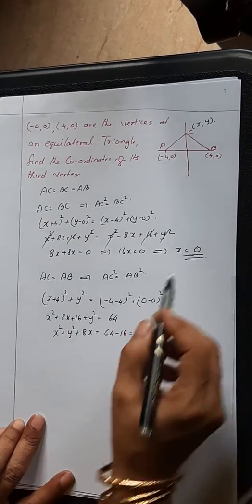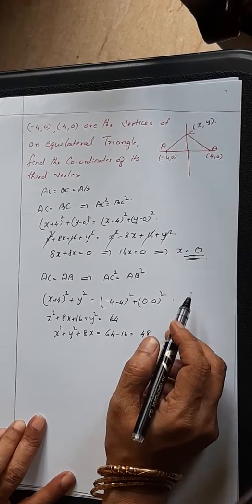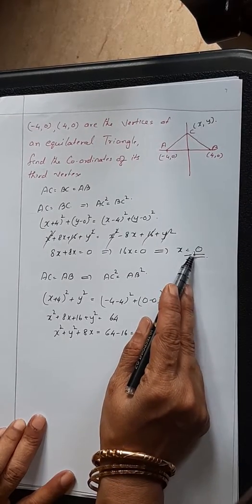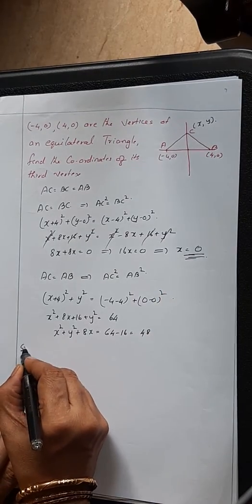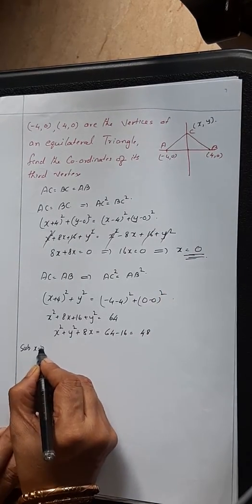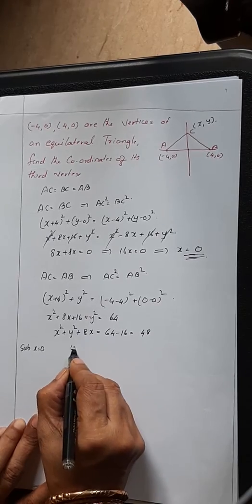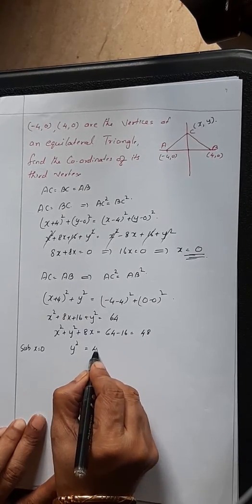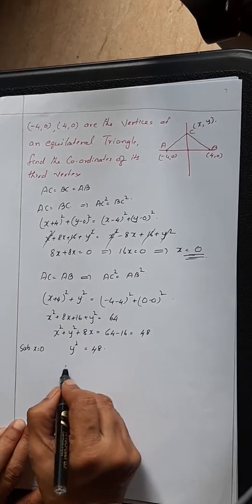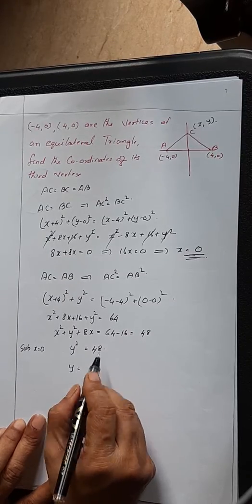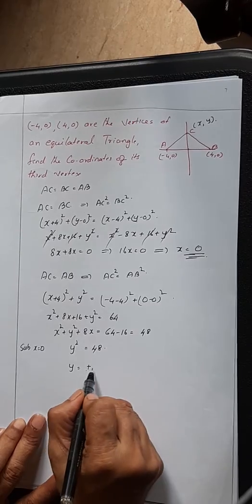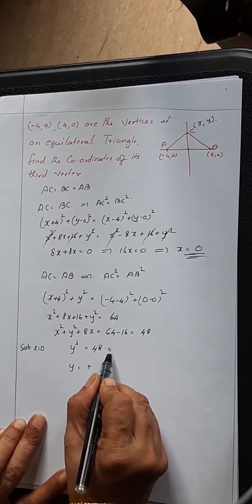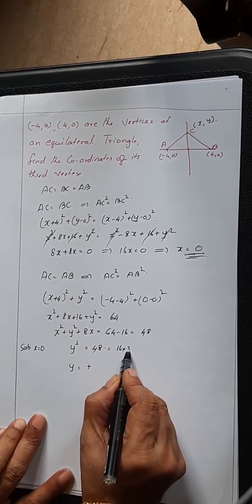That is 48. Now we will substitute x is equal to 0. We have already found the coordinate x as 0. Substituting x is equal to 0, you will get y squared is equal to 48. So y is equal to plus or minus root 48, which is 16 into 3.